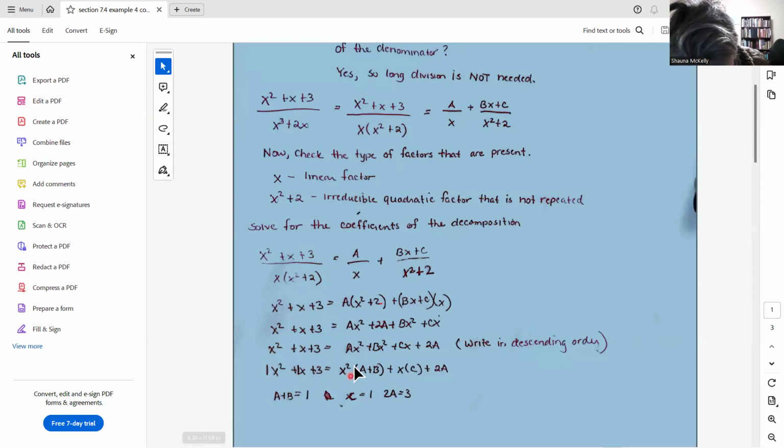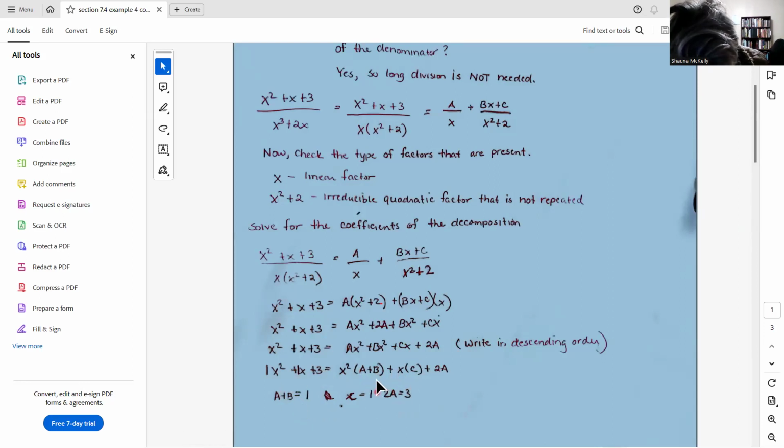So that means that a plus b has to equal 1, because if these expressions are the same, then 1x squared should equal a plus b times x squared. So a plus b has to equal 1. And 1x here, so c has to equal 1 by default, because c is the only coefficient of x. And 2a has to equal 3. So these are my equations here.